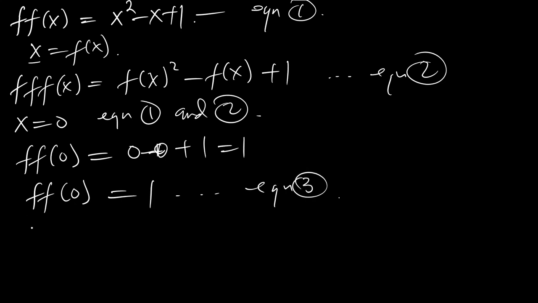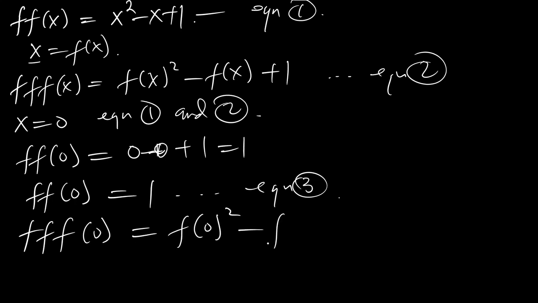Now for equation 2, to substitute x equal to 0, you have f of 0 equal to f of 0 squared minus f of 0 plus 1.